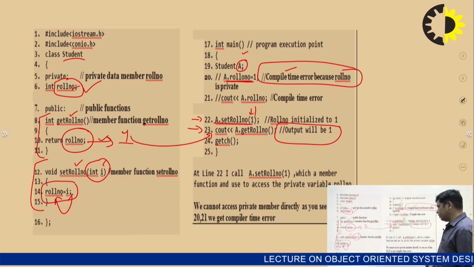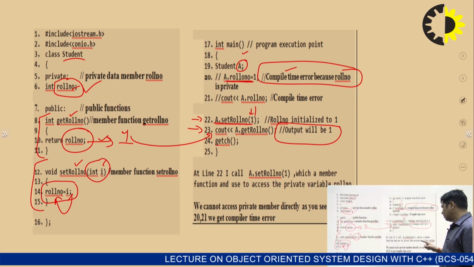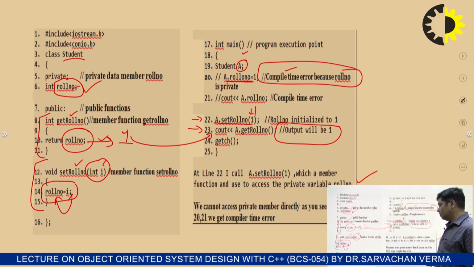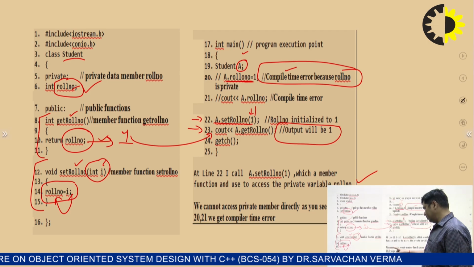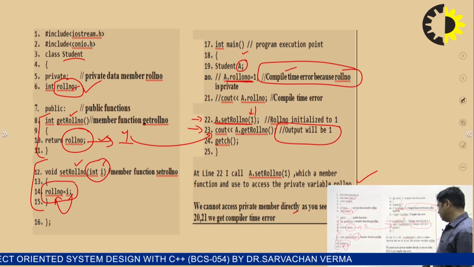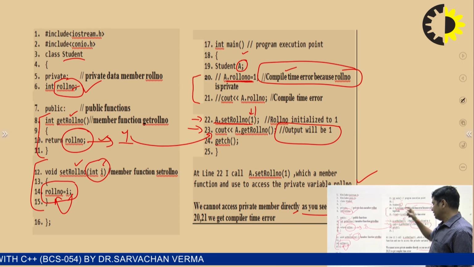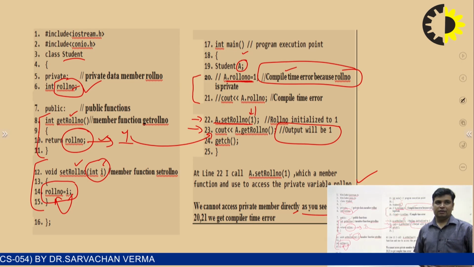At line 22 we call a dot set roll number, which is a member function used to access the private variable roll number. We cannot access a private member directly, as you see at lines 20 and 21. Immediately I will get a compilation time error.